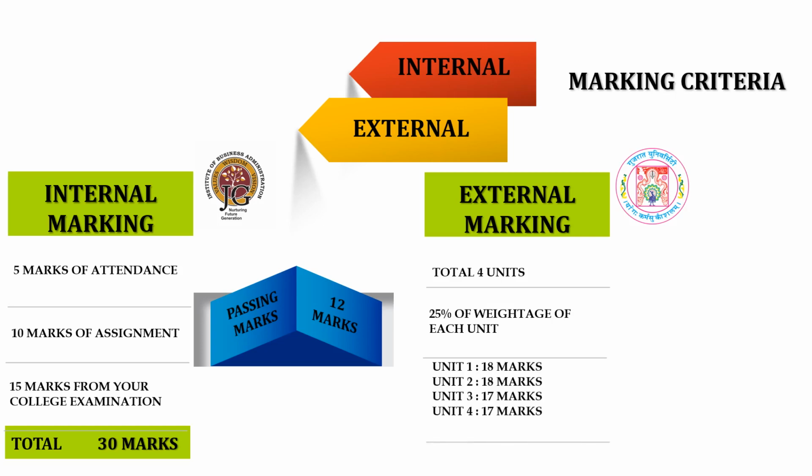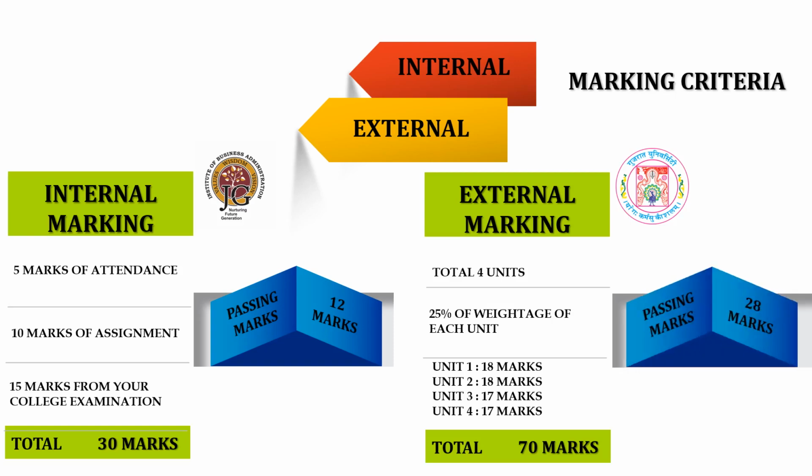As I said earlier, the first unit will be of 18 marks, unit 2 will be of 18 marks, unit 3 will be of 17 marks and unit 4 will be of 17 marks. So the total examination will be of 70 marks and the passing criteria is 28 out of 70 marks.